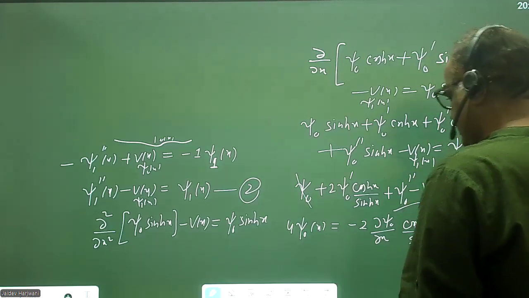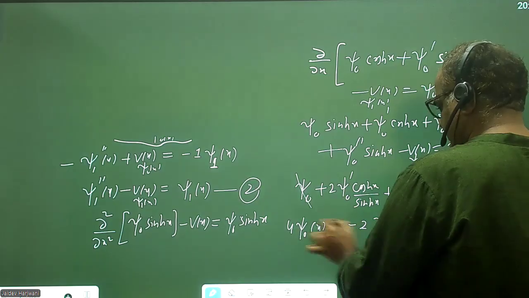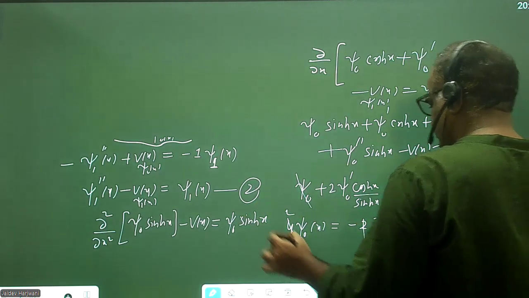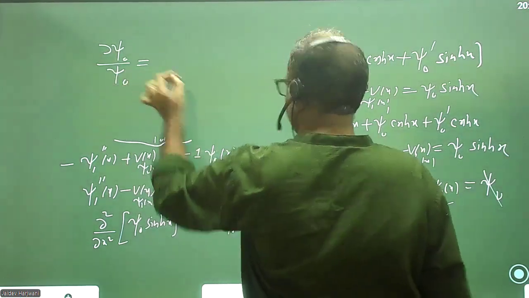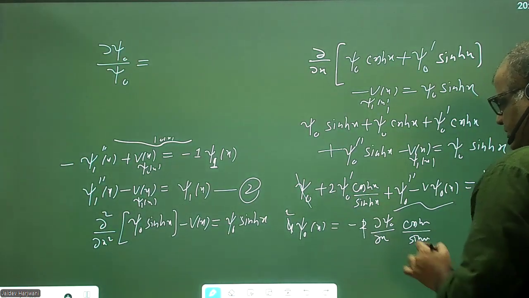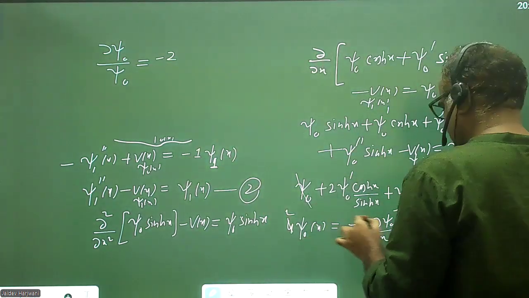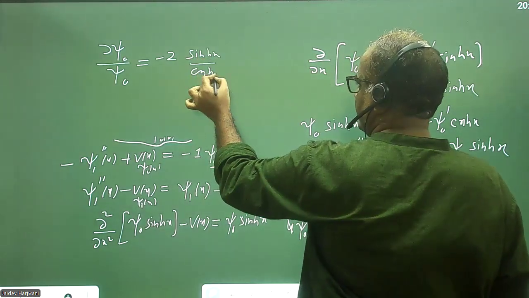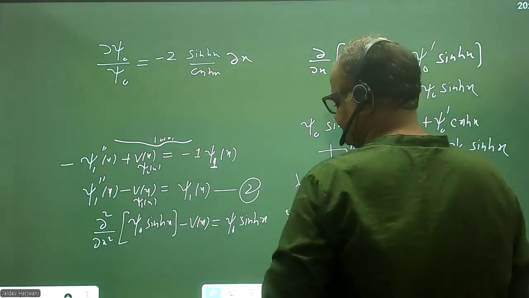I'm bringing psi naught to one side, so del psi naught upon psi naught equals minus 2 sine hyperbolic x upon cos hyperbolic x, and then you have del x here.